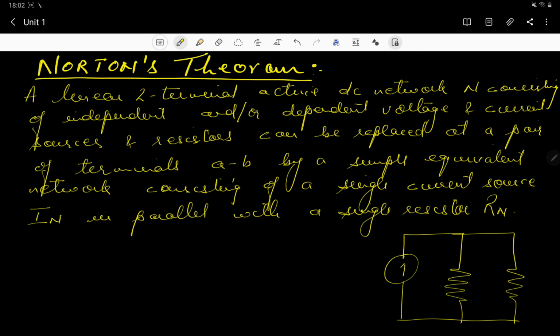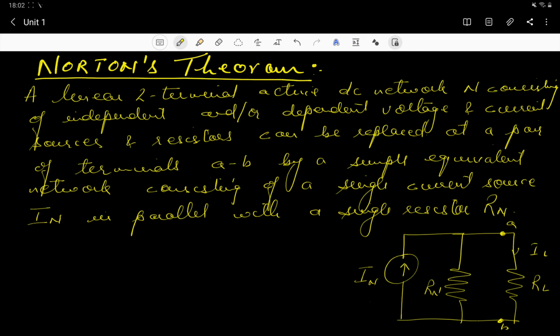This is the current source IN, this is the resistance Rn, and this is the load resistance RL. The current through this should be IL, and these are the pair of terminals A and B. If you rewind to Thevenin's theorem, we have VTH and the resistance RTH in series with that.